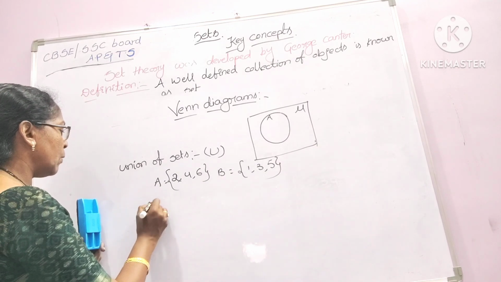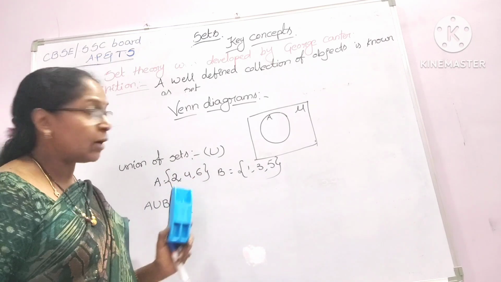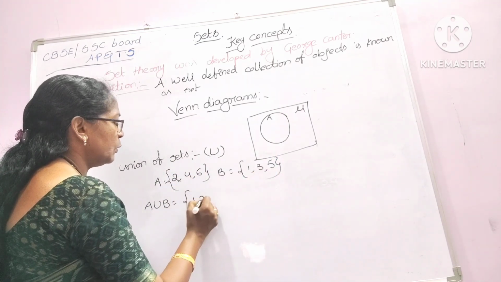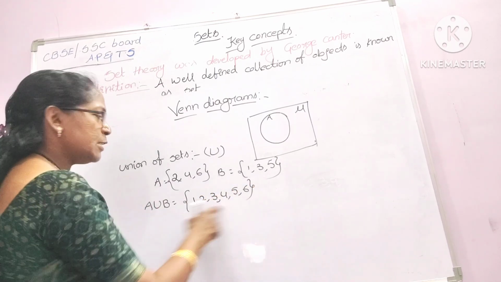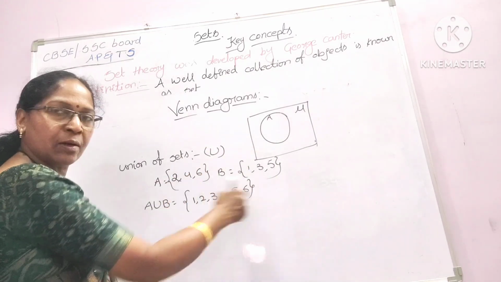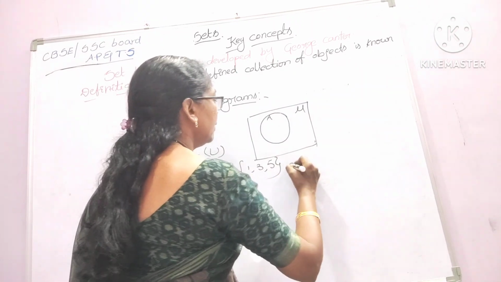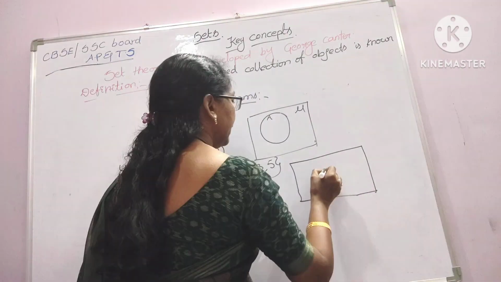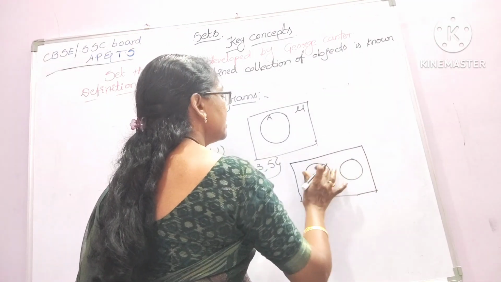Now you have to find A union B. Union is the collection of all the elements in the sets, which you write in order: 1, 2, 3, 4, 5, 6. This is the union. We call it union. How can you represent this in Venn diagram form? Just draw the universal set. In it, this is set A and this is set B.